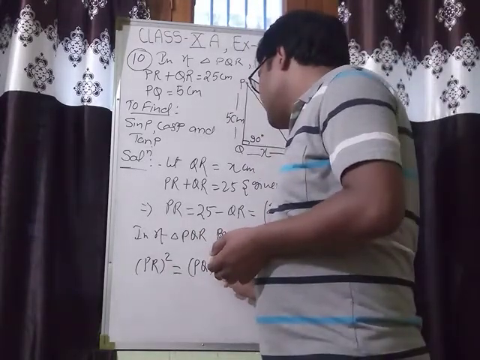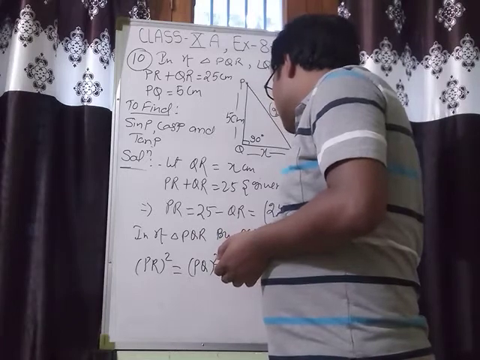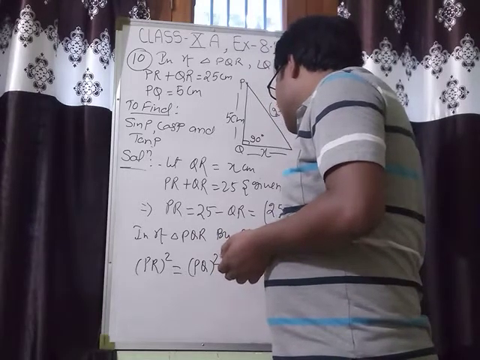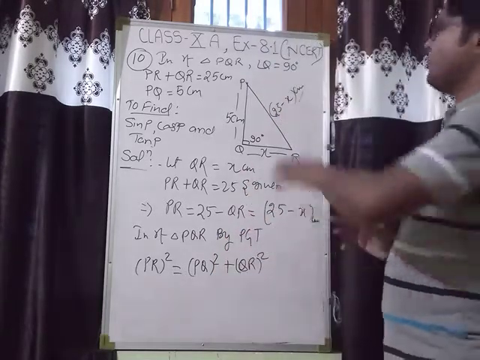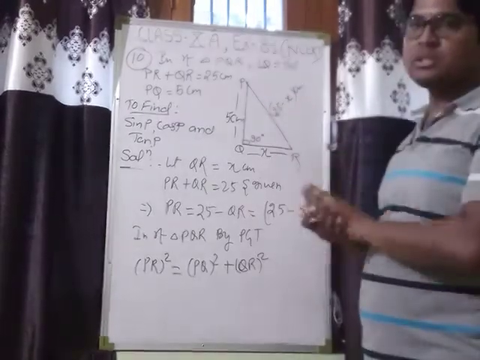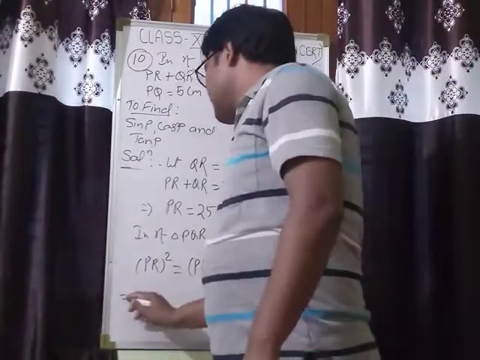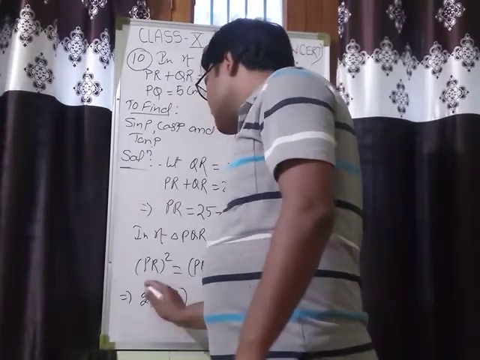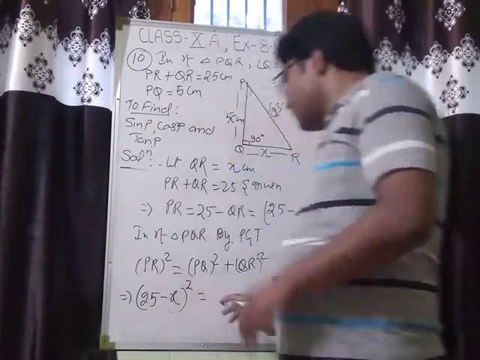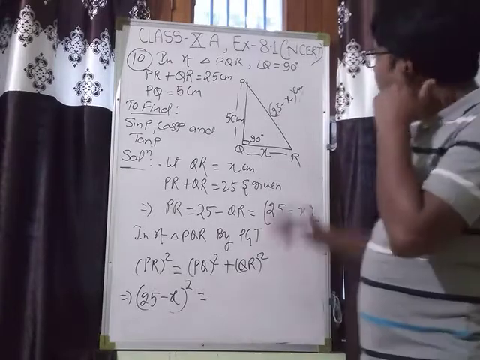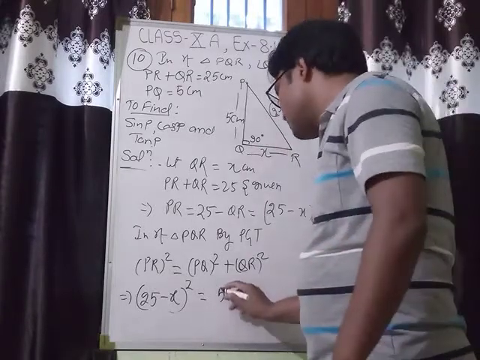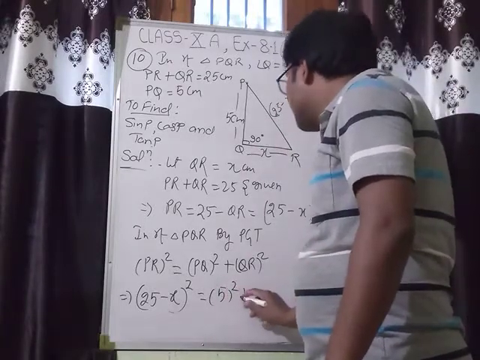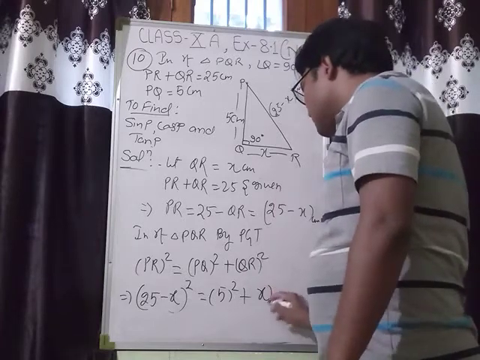Hypotenuse square is equal to the sum of squares of the other two sides. PR is 25 minus X, so its square, equals PQ is 5 square plus QR, that is X square.